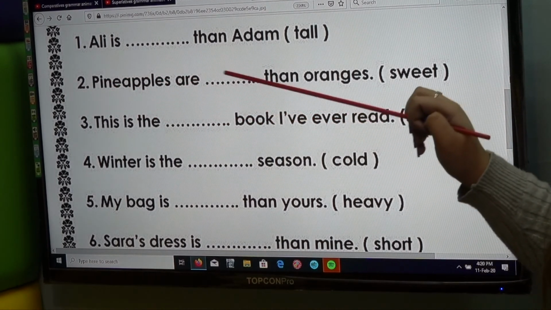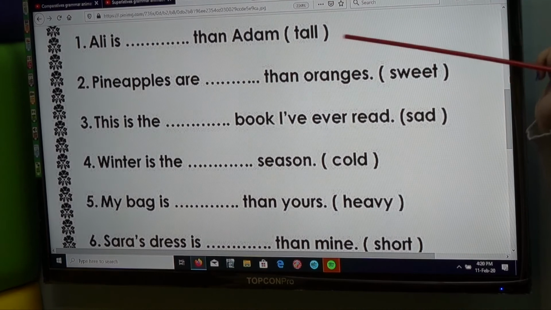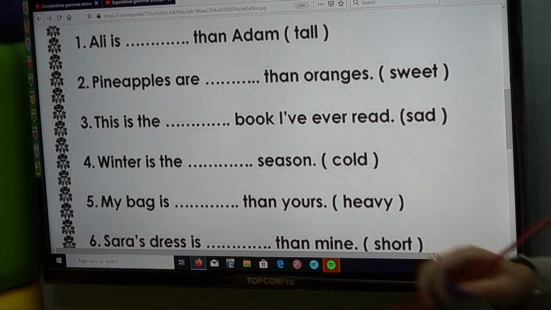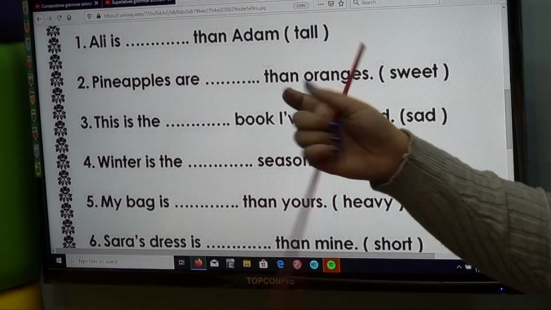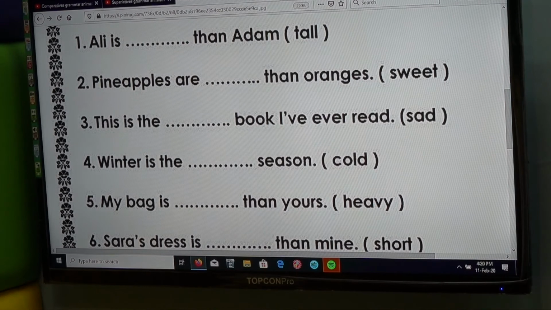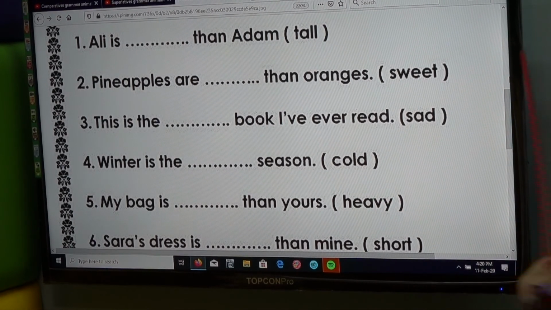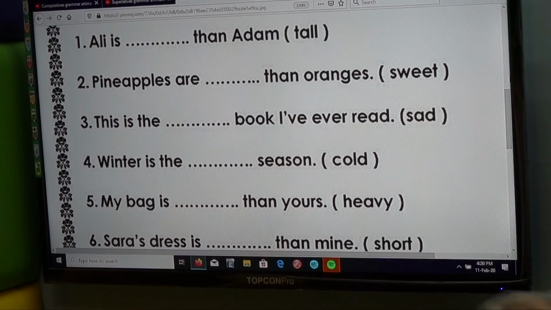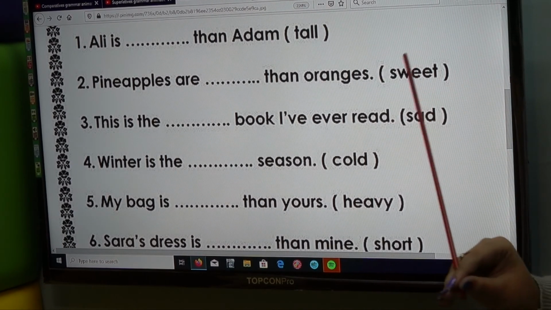Pineapples are what than oranges? How many things do you see here? The first one you see is pineapples, right? And the second thing you see here is oranges, right? Which one is the adjective in this whole sentence? The adjective is, 3, 2, 1, sweet, right?